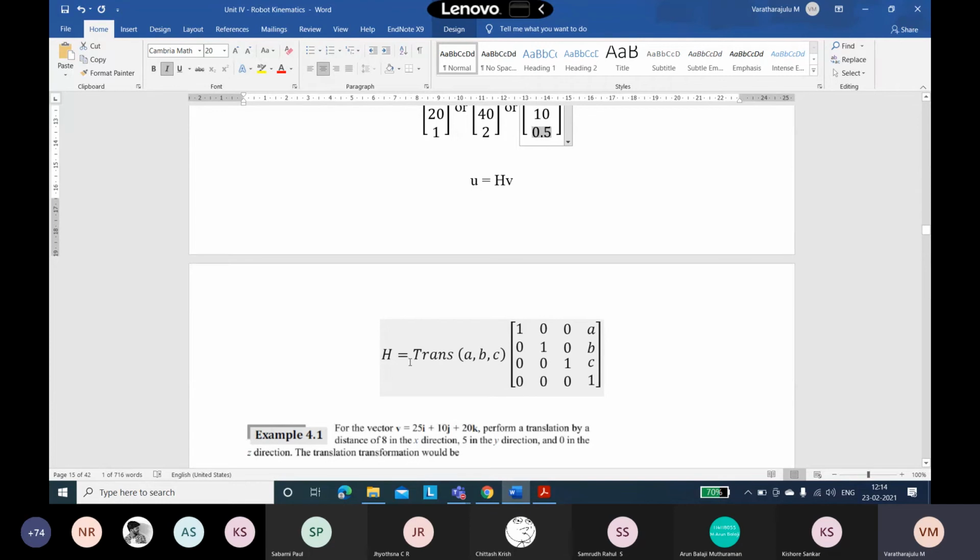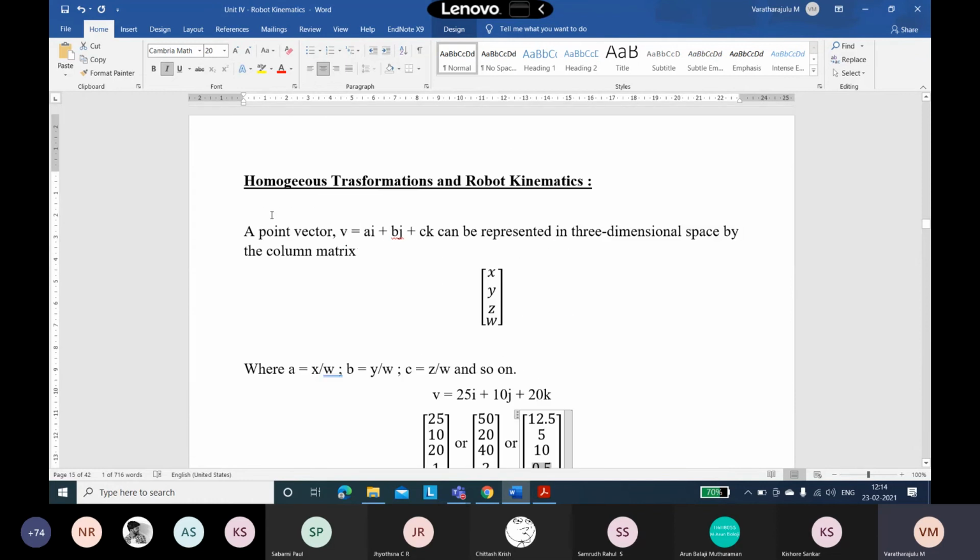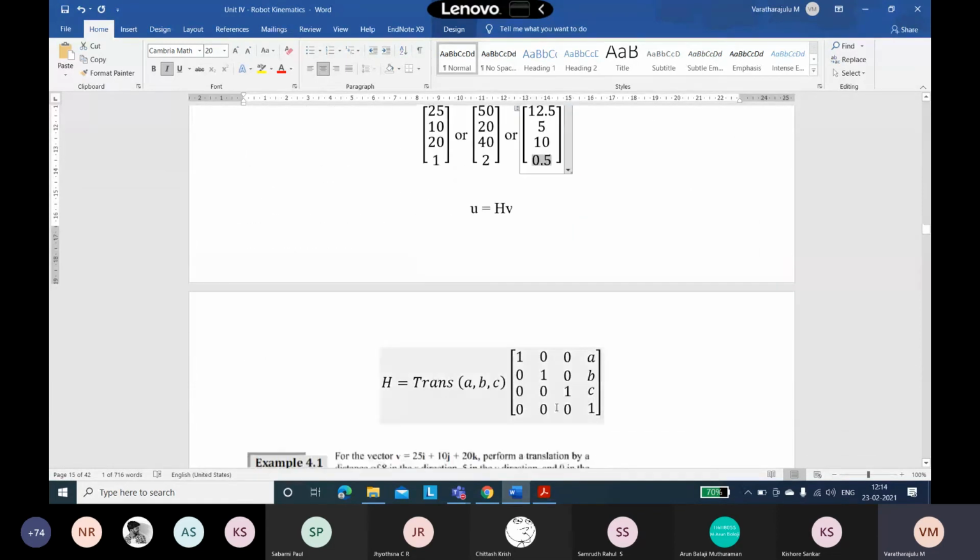We are going to multiply it with V. V is the point vector which we introduced here, and by multiplying this translation matrix with the point vector, we will get the newer point of the end effector.